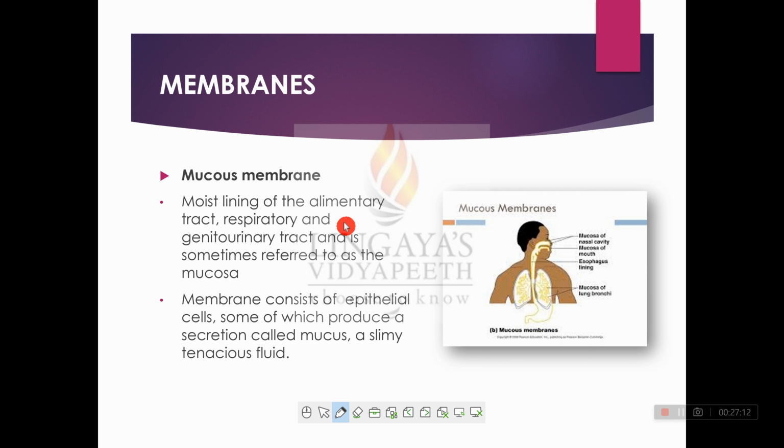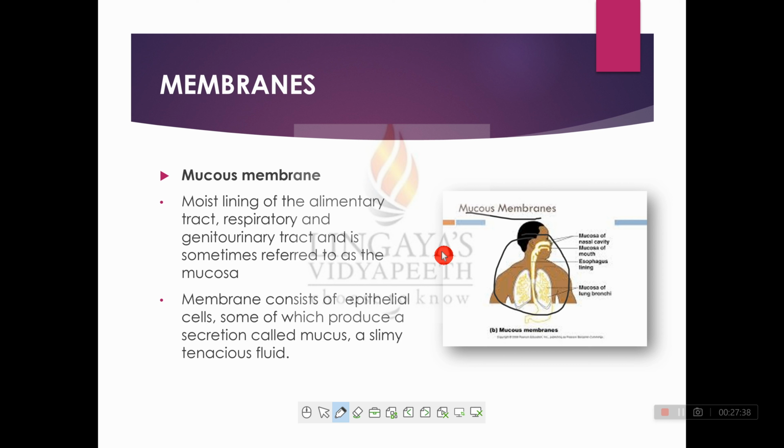Mucous membranes are generally epithelial membranes. They consist of epithelial tissue that is attached to an underlying loose connective tissue. These membranes, sometimes also called mucosae, line the body cavities that open to the outside. The entire digestive tract is lined with mucous membrane.